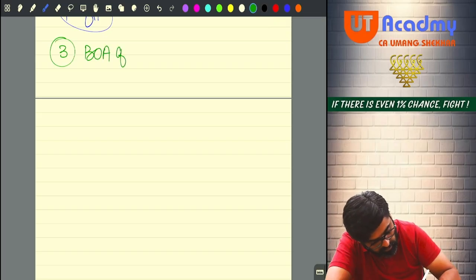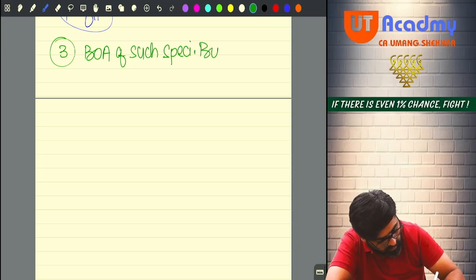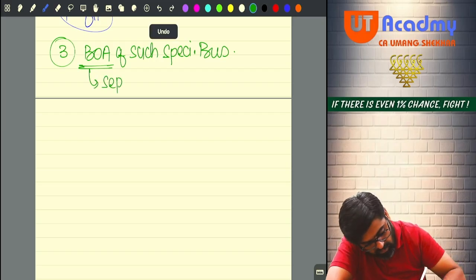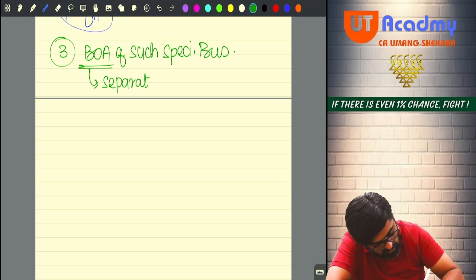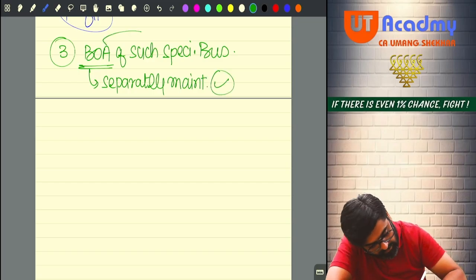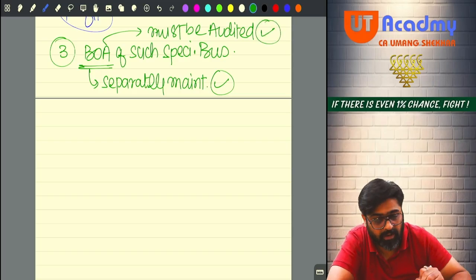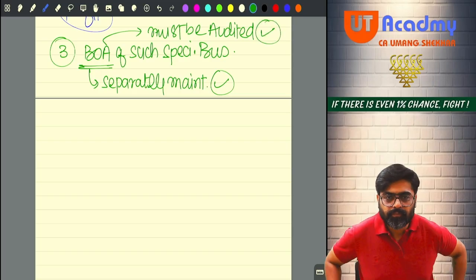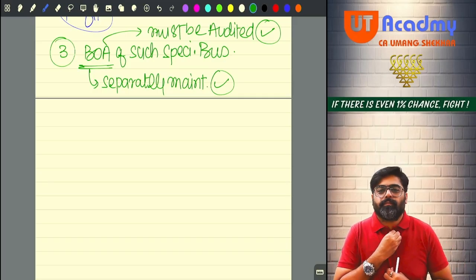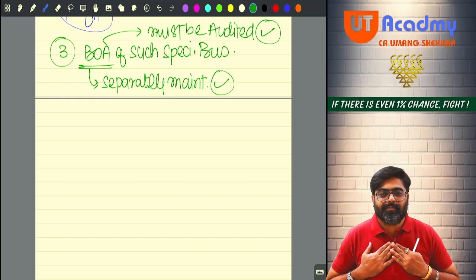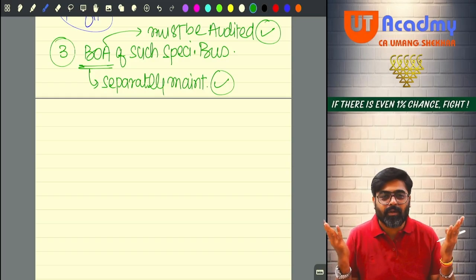Books of accounts of such specified business must be maintained separately, and these books of accounts must be audited by a responsible person, a chartered accountant.